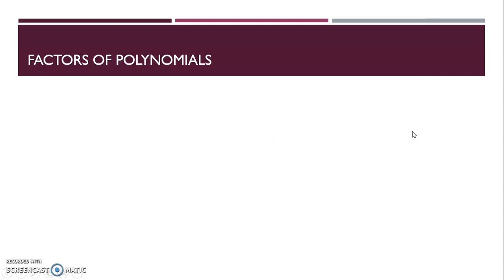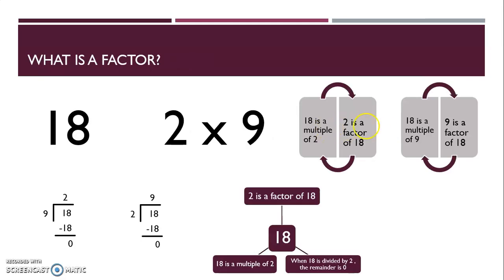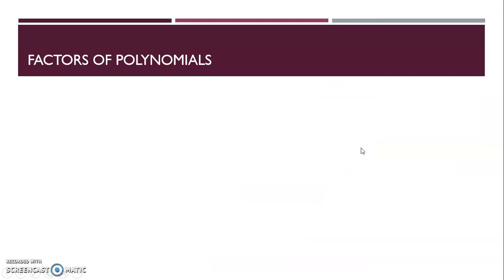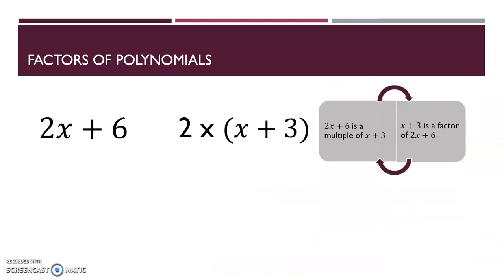Just like we saw in the previous slide, because 18 is a multiple of 2, we can say 2 is a factor of 18. In the same way, since 2x plus 6 is a multiple of x plus 3, we can say x plus 3 is a factor of 2x plus 6.